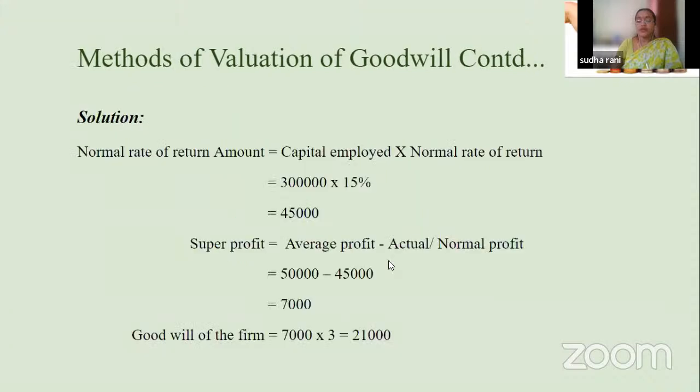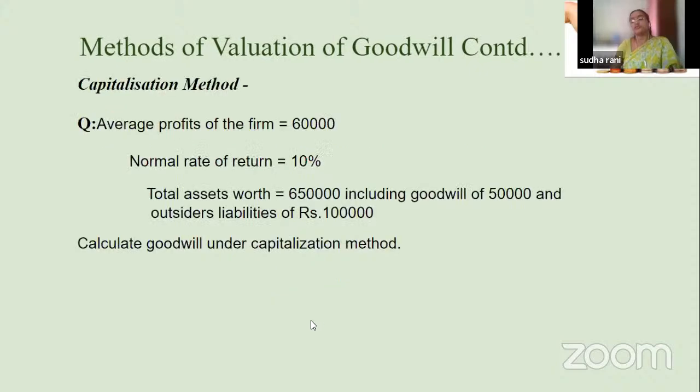Find out the super profit, actual profit minus normal profit. Once you get the super profit, multiply with the number of years purchase, and you will get the goodwill of the firm. Under the valuation of goodwill methods, whatever goodwill you get, that is the goodwill of the firm. From the total goodwill of the firm, you are supposed to find the goodwill of the new partner or retiring partner, if required.